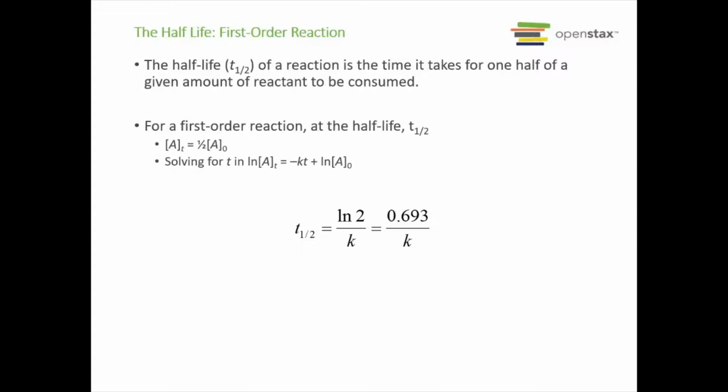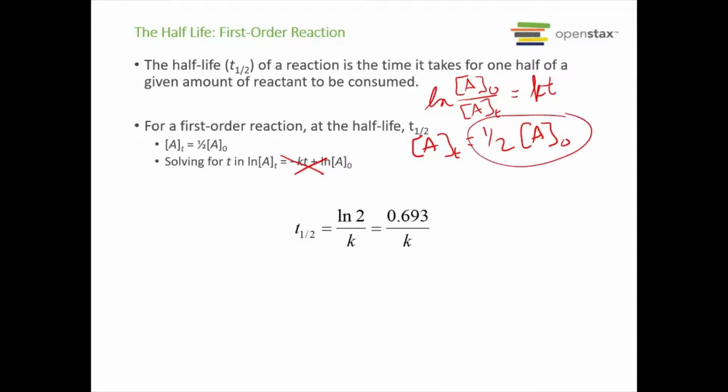The way that we find this is we are solving for t from our linear equation. One thing that we need to note here is that A_t is equal to 1/2 A naught. And actually, it's better to do this using the regular form of the equation, the natural log of A naught over A_t equals kt.